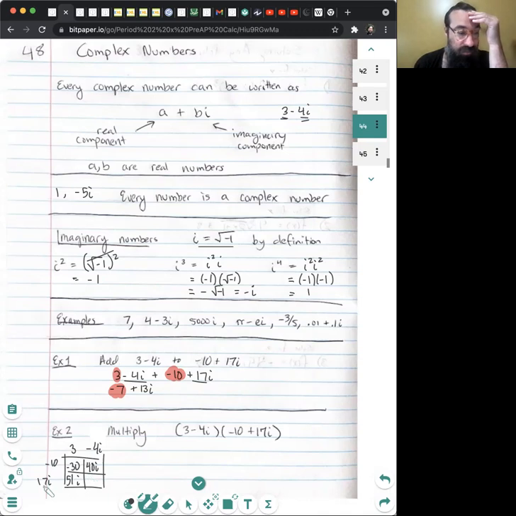And then 17i times negative 4i. So it's going to be negative 17 times 4. Oh, I don't want to do that in my head, so I'm just doing it on the side real quick. 68. That's going to be negative 68i squared.